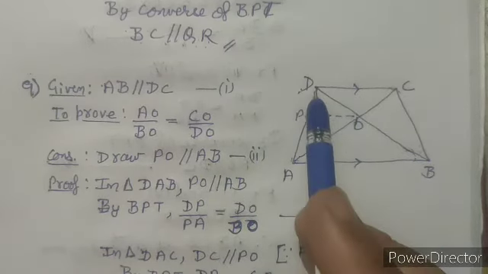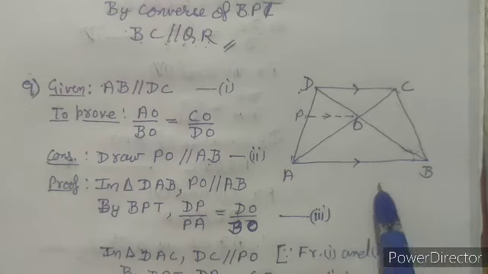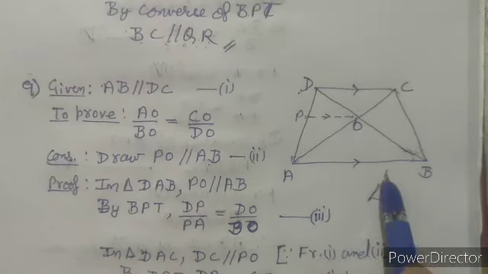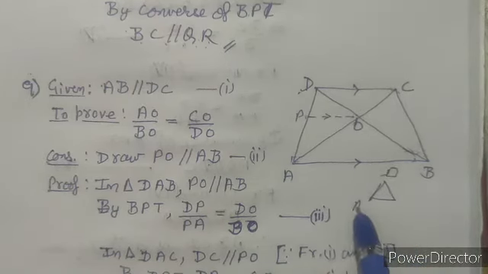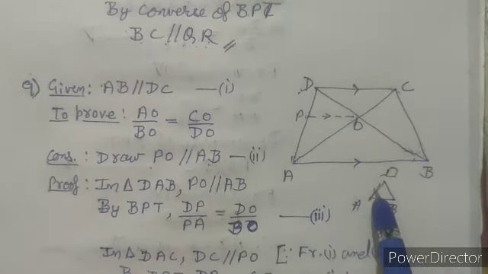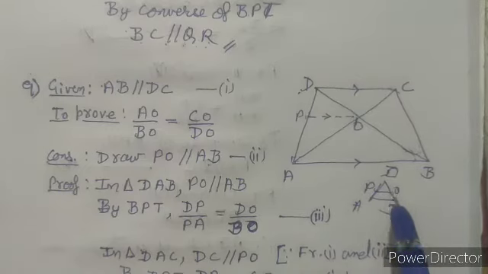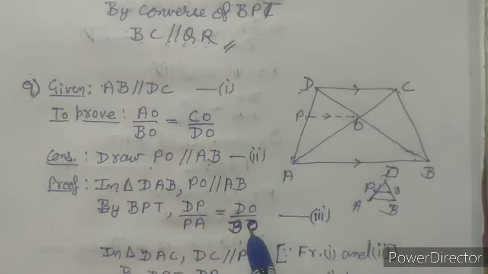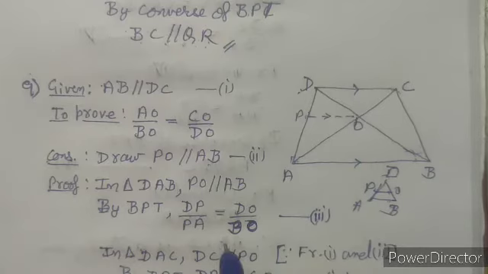Now in triangle DAB, if we draw this triangle DAB, now O is on DB. So PO is parallel to AB. That means DP upon PA equal to DO upon OB or BO. This is equation third.